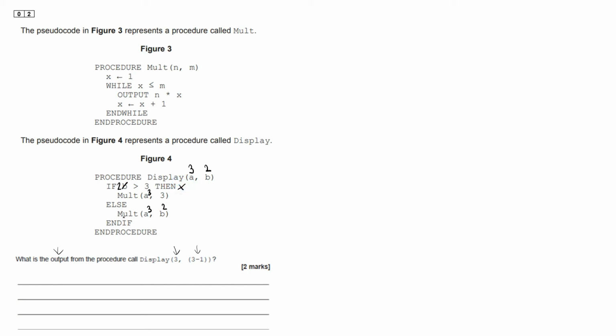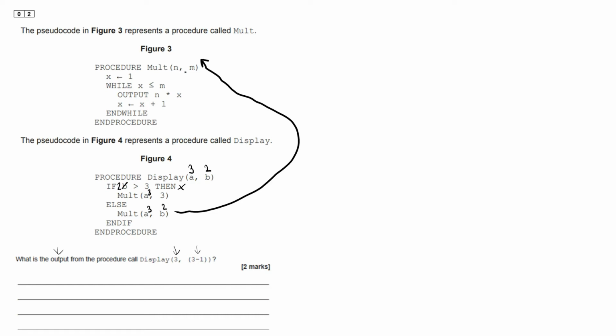The next one, else mult A is 3, B is 2. So we're still passing 3 and 2 for our arguments. But now we've got to move all the way up to here.